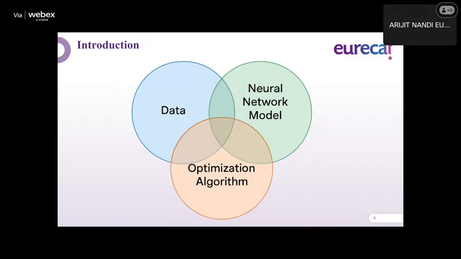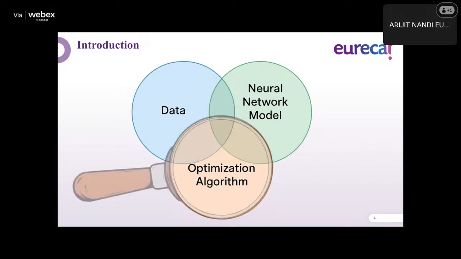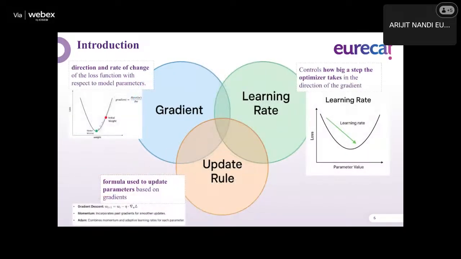Now, let's focus on the optimization algorithm, because this is the crucial part, the teacher. What are the main ingredients needed within an optimization algorithm?